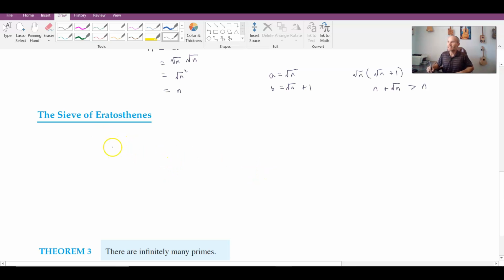Well, the idea here is that if you list out the integers that are positive, and also bigger than 1, and you want to find all the primes in that list. So let me just list out up to 10. And the idea here is that, first of all, you can exclude any even number, other than 2.